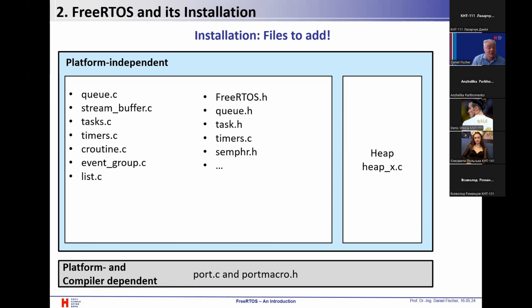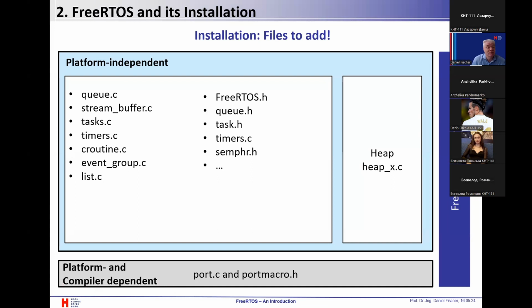Okay, you can see it's a little bit difficult if you do it on your own. And then, very important, your FreeRTOS is configured by a header file. Inside this header file, you can do some configurations, very, very important.